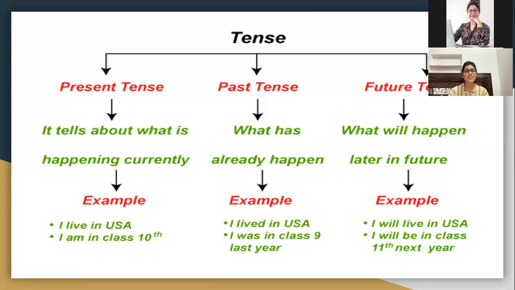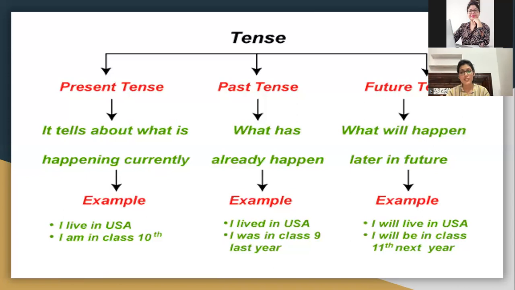So the first example is I live in USA. In this example, currently, I live in USA. I can write this example as: I live in USA currently. I lived in USA in the past.